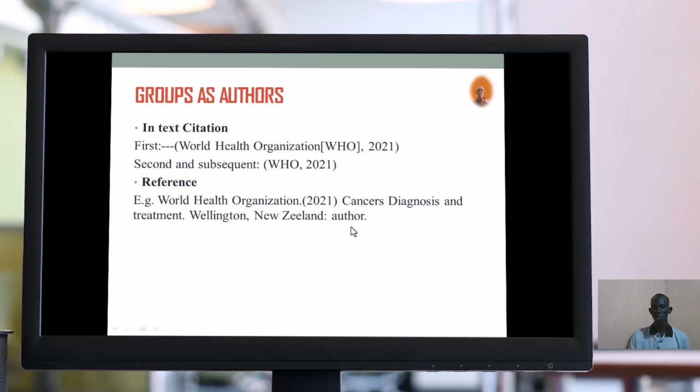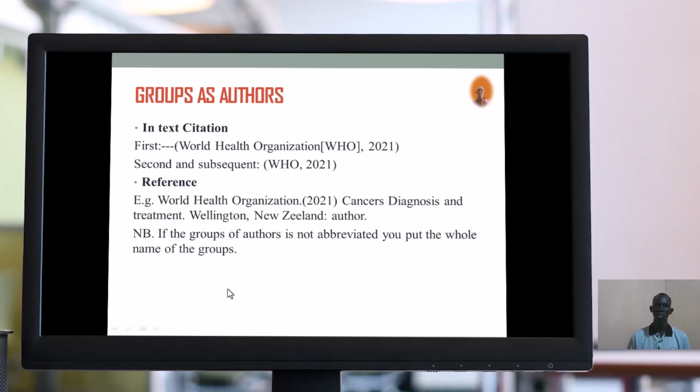So if the author and the publisher are the same, you can just put the word Author, and that is all about it. Then if the organization has no abbreviation, just type the whole name like that. You can see this note here: if the organization has no abbreviation, you just type the whole name of the organization like that.